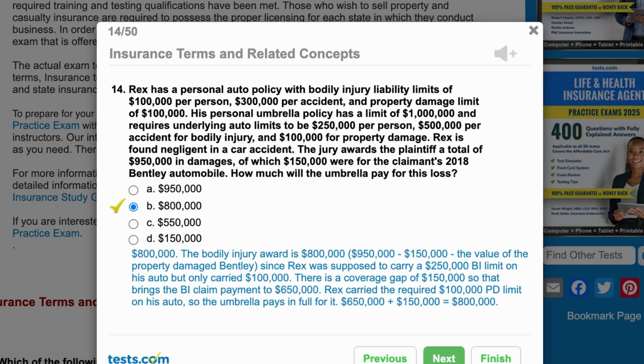Since Rex was supposed to carry a $250,000 BI limit on his auto, but only carried $100,000, there is a coverage gap of $150,000, so that brings the BI claim payment to $650,000. Rex carried the required $100,000 PD limit on his auto, so the umbrella pays in full for it.